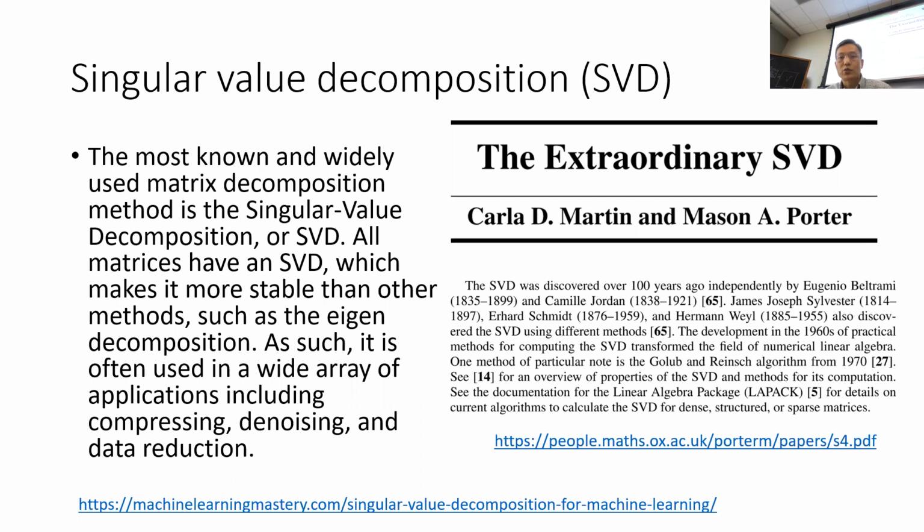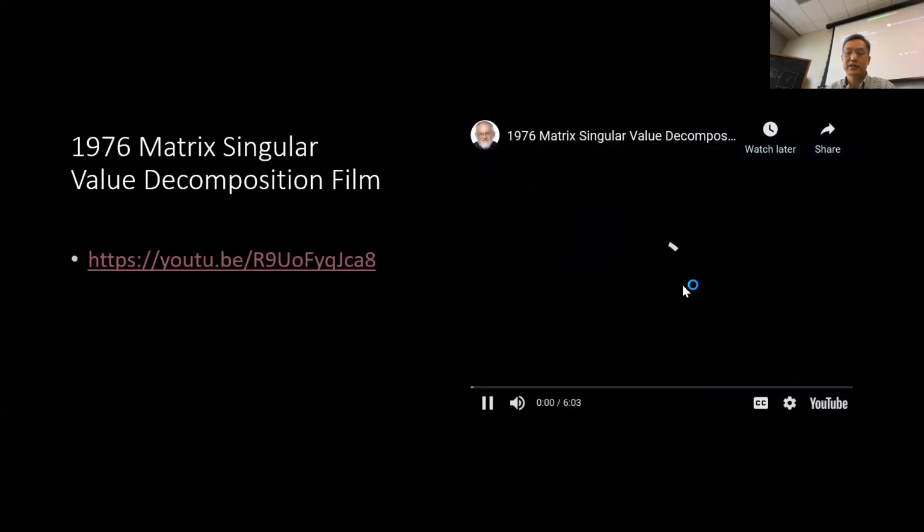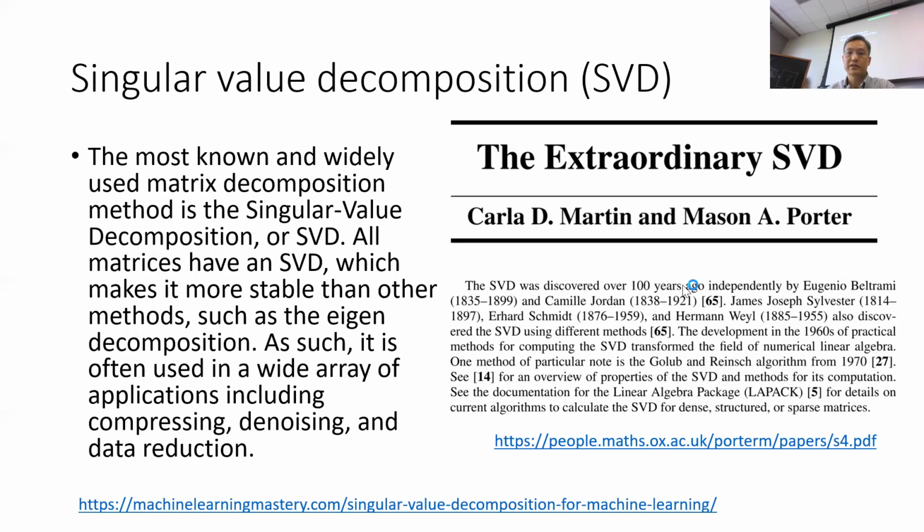Okay, so this here is a review paper for SVD and the related description of its discovery and history of development. This decomposition was discovered over 100 years ago, according to this review paper.